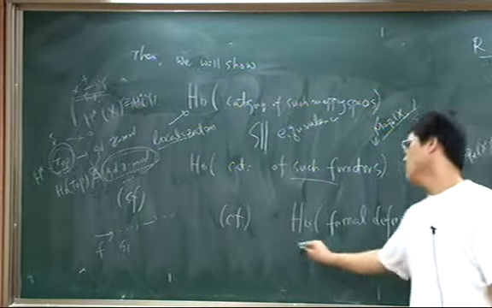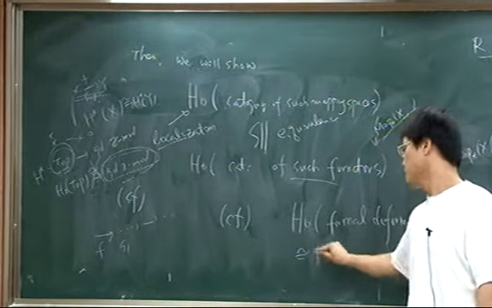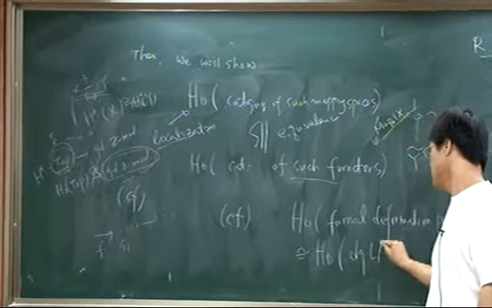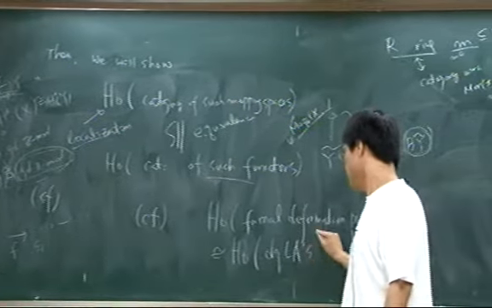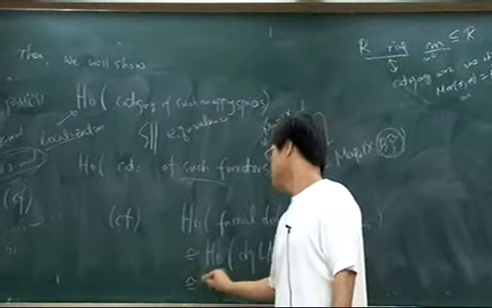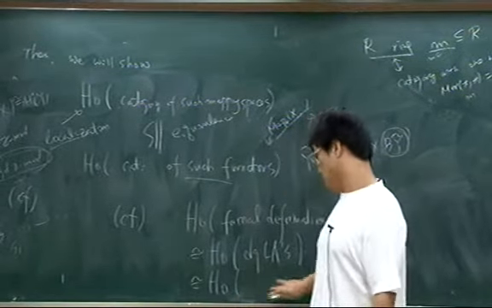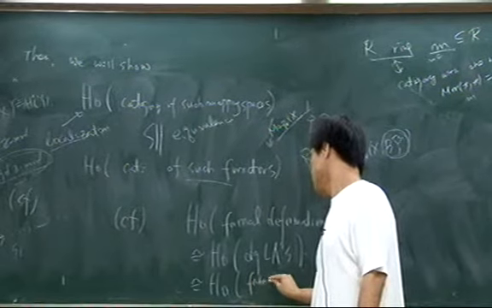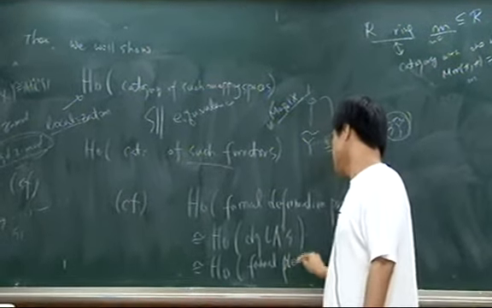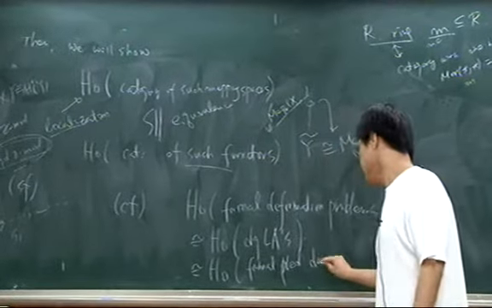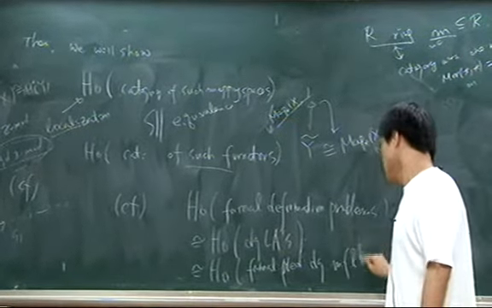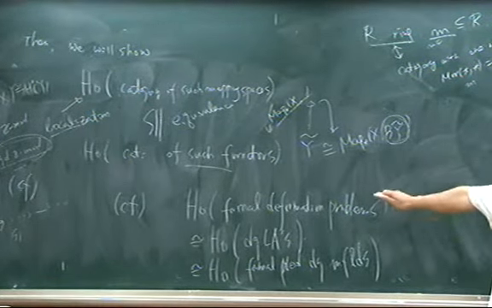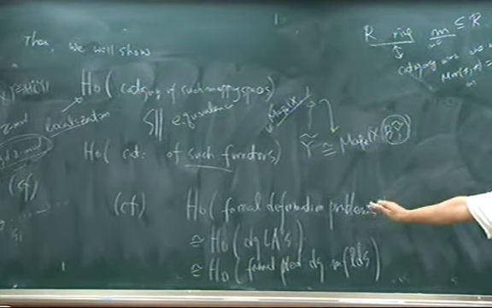This is the same as the homotopy category of differential graded Lie algebras, and this is actually the same as formal pointed differential graded manifolds. Those are the main things in deformation theory nowadays.